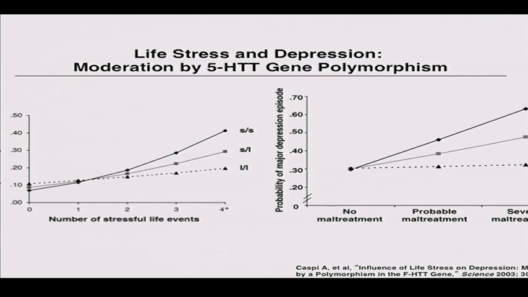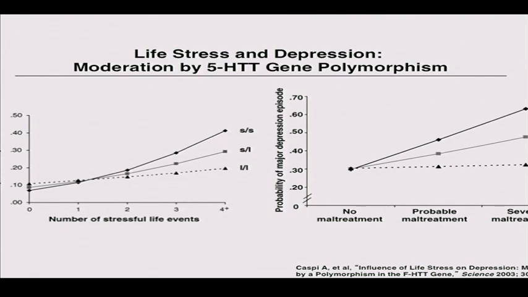And that's shown here on the right-hand side, the probability of major depressive episode according to whether the children were treated, no maltreatment, probable maltreatment, or severe maltreatment, again shows a similar picture as shown on the left-hand side. So if you have the S allele, you are more sensitive to stressful life events, but this only mattered if you were actually exposed to such events. If you were not exposed to such events, you were indistinguishable from individuals who had the L allele.